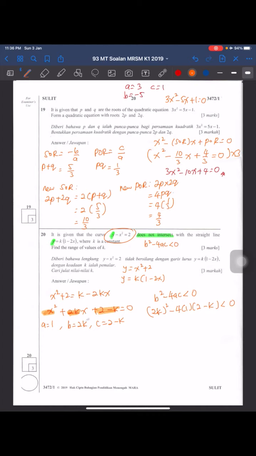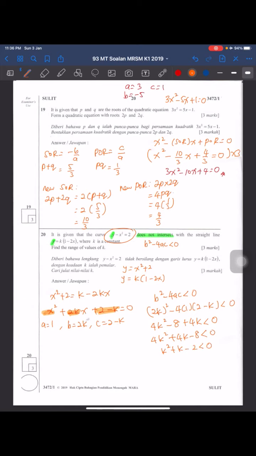So 2k square, we have 4k square minus 4 times 2, 8, plus negative 4 times negative k, 4k, less than 0. So susun balik, 4k square plus 4k minus 8 less than 0. So boleh kecilkan, simplify, k square plus k minus 2 is less than 0.